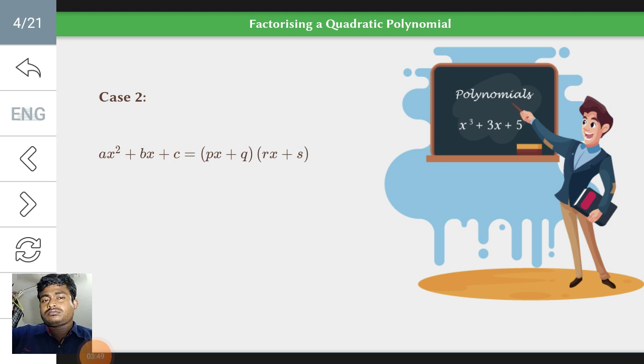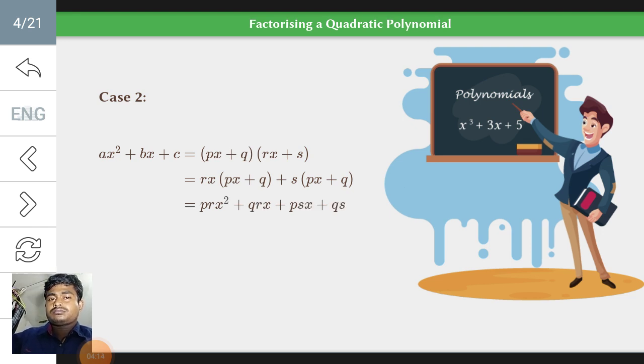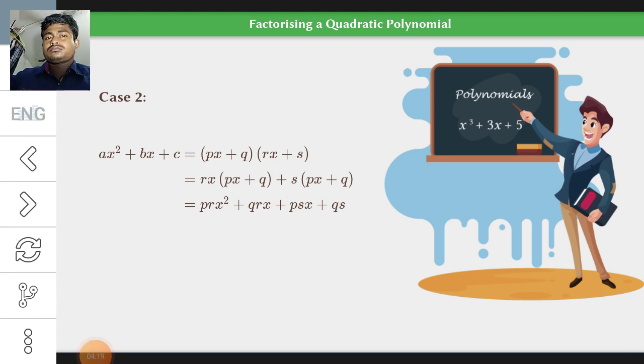Therefore, it will have two factors, say px plus q and rx plus s. ax squared plus bx plus c is equal to (px plus q)(rx plus s), which is equal to rx(px plus q) plus s(px plus q), which is equal to prx squared plus qrx plus psx plus qs, which is equal to prx squared plus (qr plus ps)x plus qs.